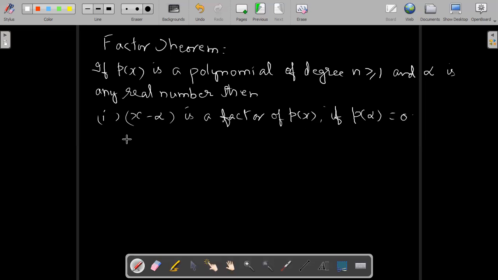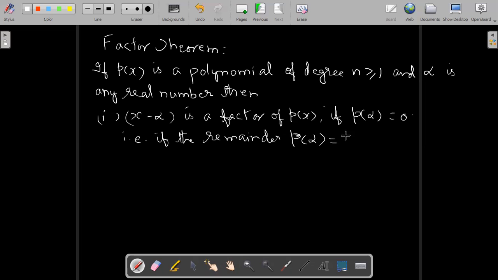In other words, we can say, we are finding the remainder by putting the value as in the remainder theorem. So we will do the same way. We will find the remainder.